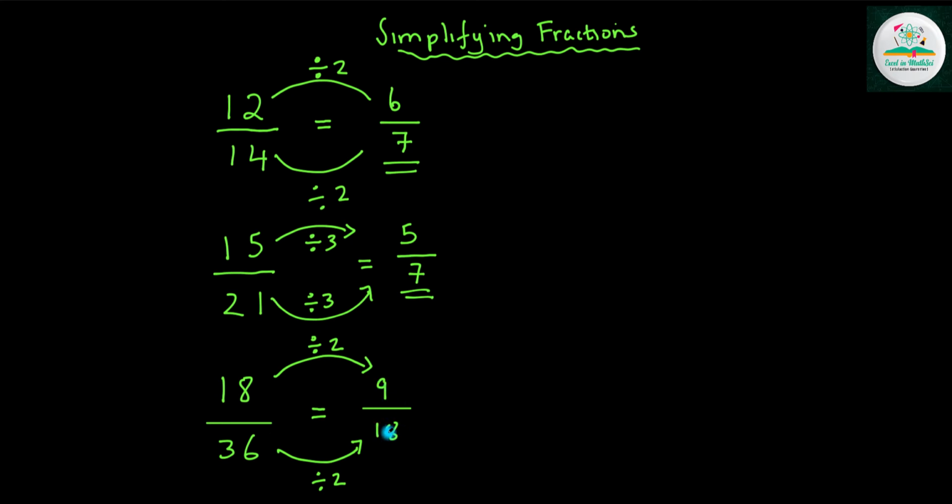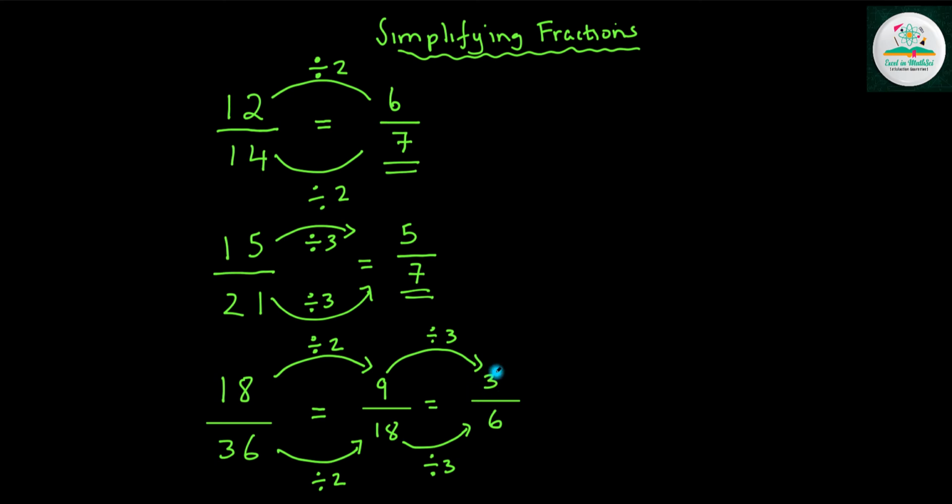Now 9 and 18 can both be divided by 3. So we're going to divide both of these, top and bottom, by 3. Then 9 divided by 3 would give me 3, and 18 divided by 3 would give me 6.